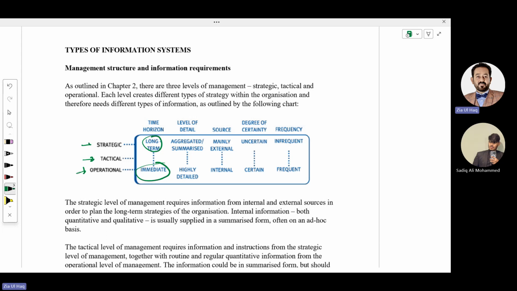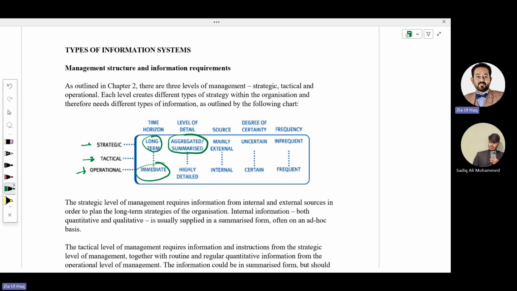Level of detail: the strategic information system will be providing summarized information, while at operation level, you record all the transactions, so that will be detailed information. And through that detail, only a summary will be provided to top management. Like you have collected the data of 50 students' test.